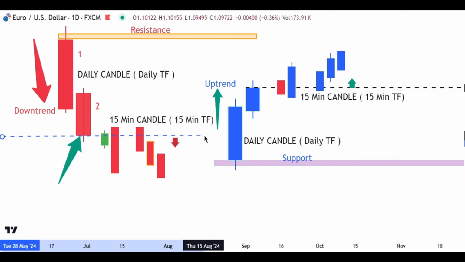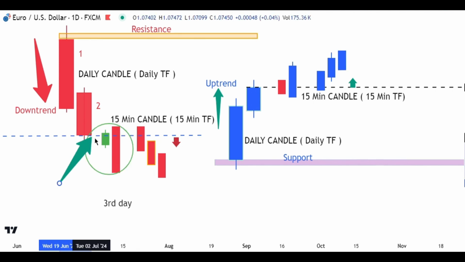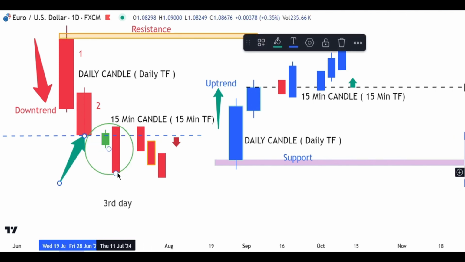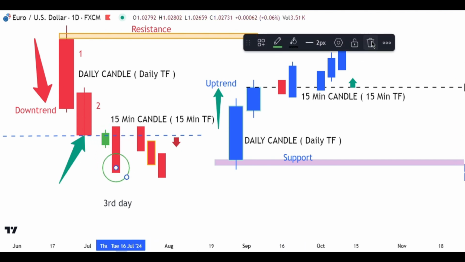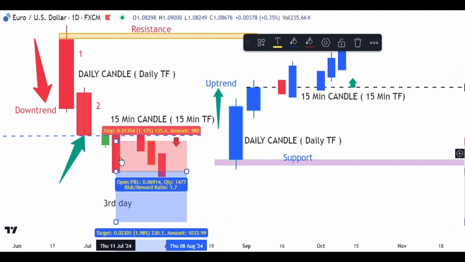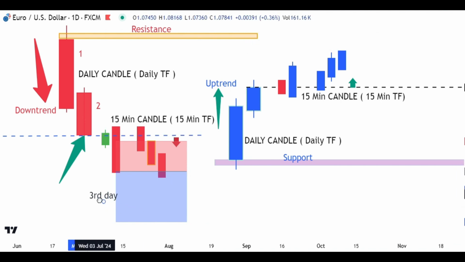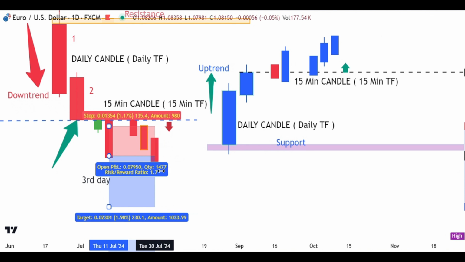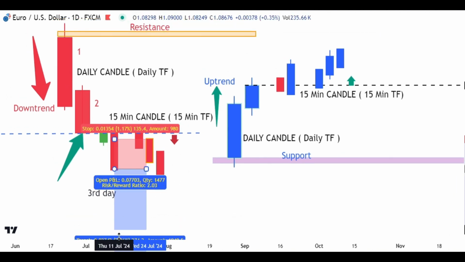So now what you are looking at is the third day. On that third day, when you get a candlestick pattern like this one, a bearish engulfing candle, you enter your trade on the third day with that confirmation and target at least a 1 to 2 risk to reward ratio to the downside.